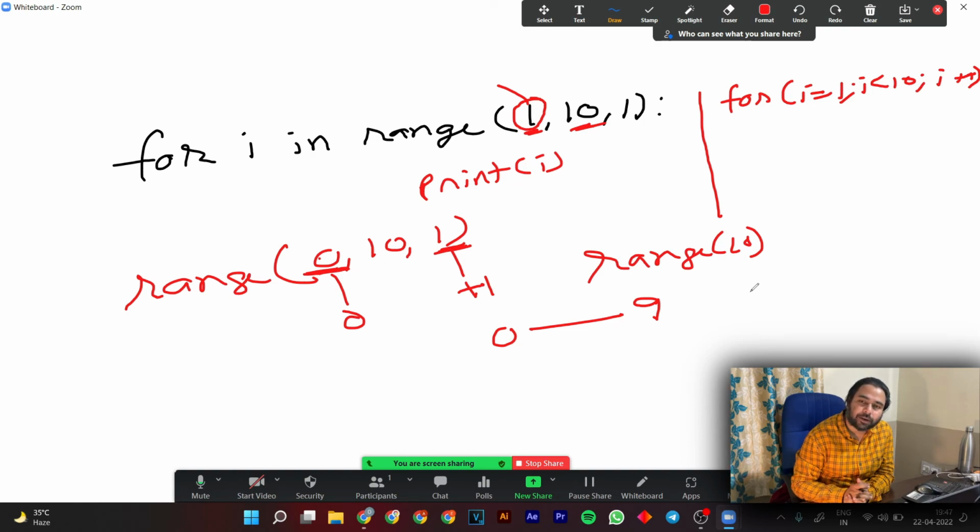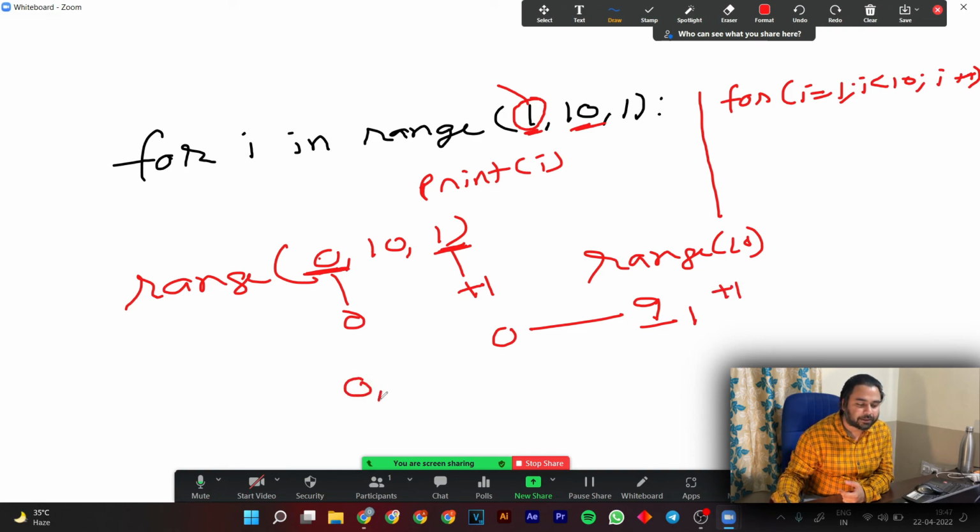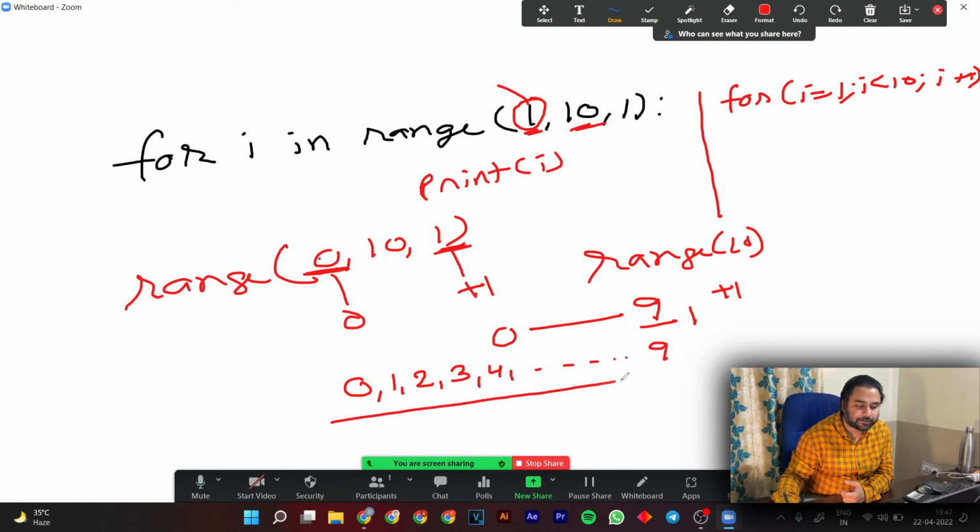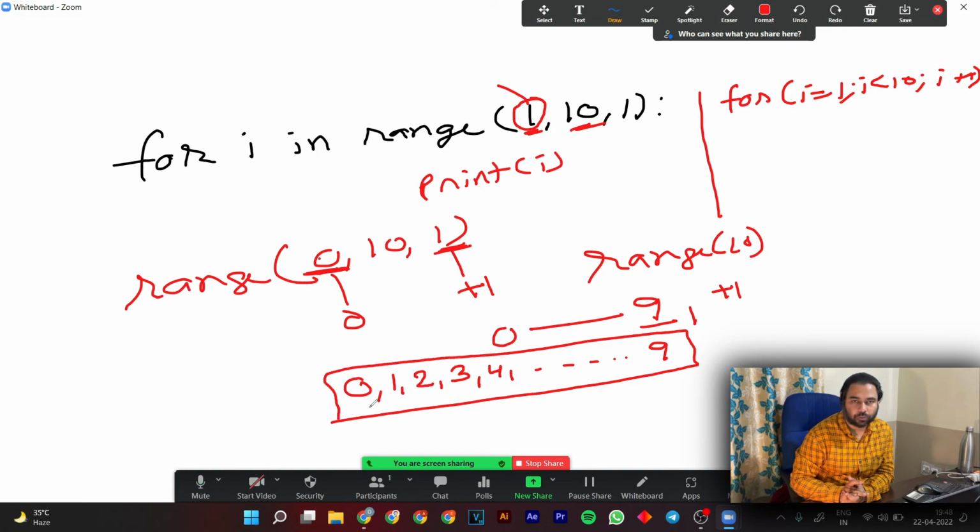If you want to have 100, don't write 100, you write 101. Writing 101 makes it 100. So it would be like this: 0, 1, 2, 3, 4, and so on till 9, with a step of plus 1. So this is basically the for loop.